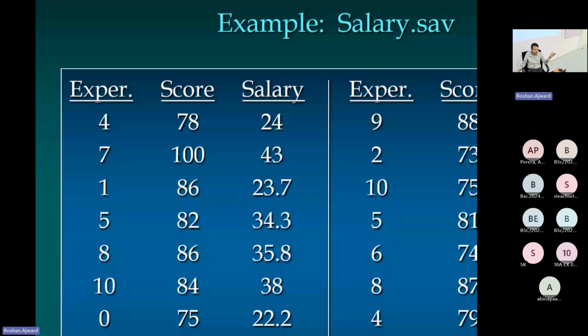So what it virtually says is the experience and the knowledge predict what? Is that clear? That's what it simply says. So this data is given for how many computer programmers? 20 computer programmers.